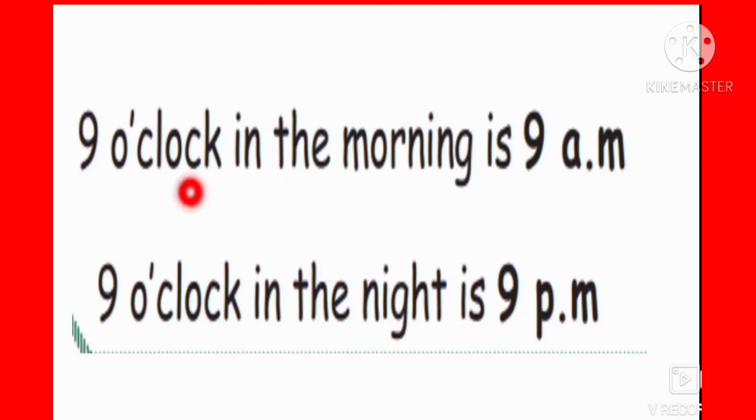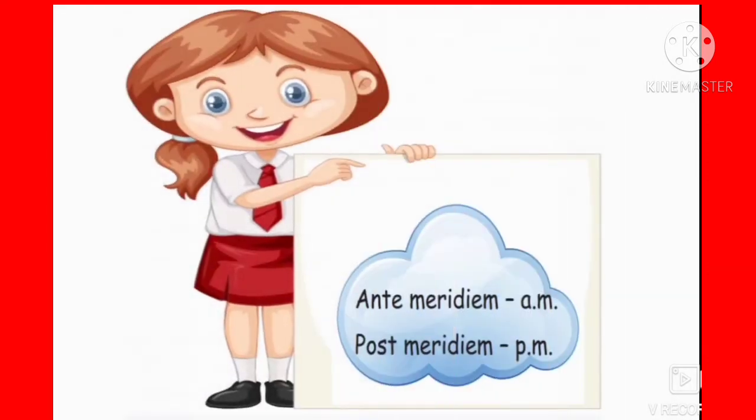So, 9 o'clock in the morning is represented by 9 AM and 9 o'clock in the night is denoted by 9 PM. What is AM and PM? AM means before midday and PM means after midday. The full form of AM is ante-meridiem and the full form of PM is post-meridiem.